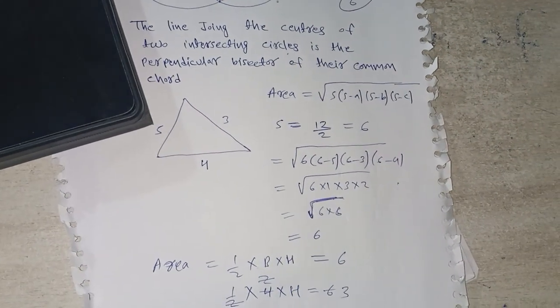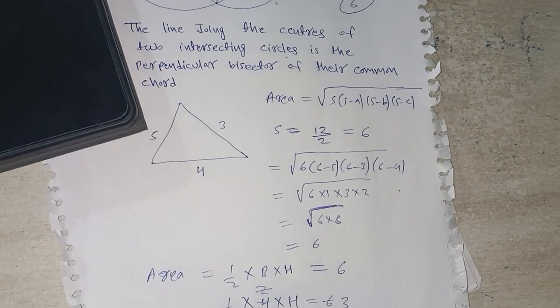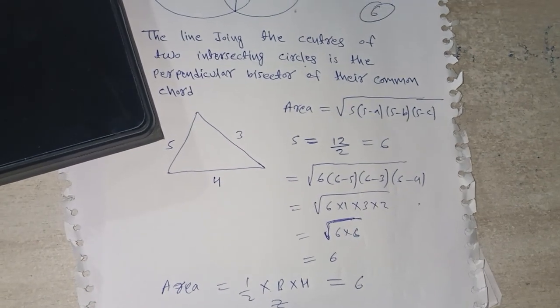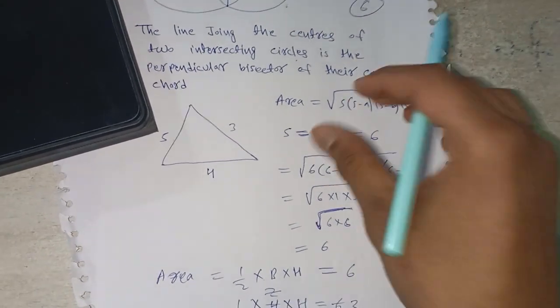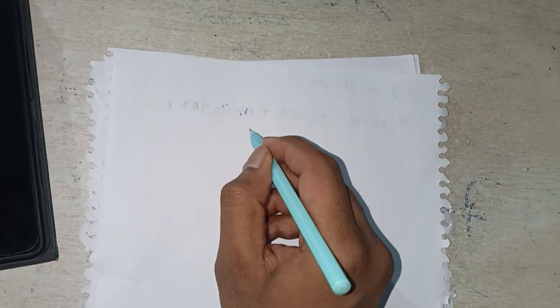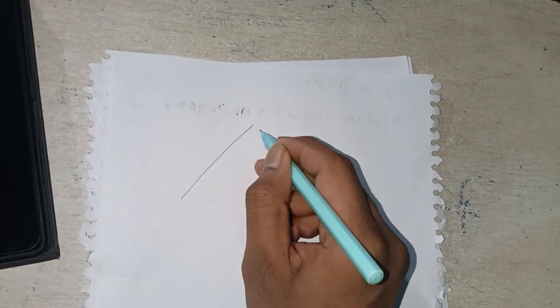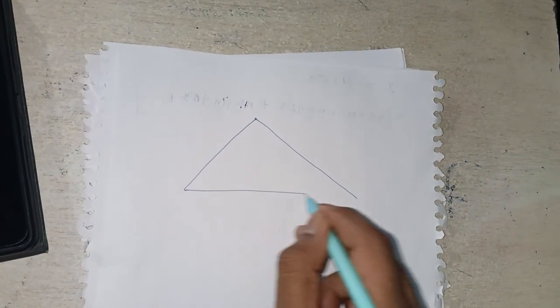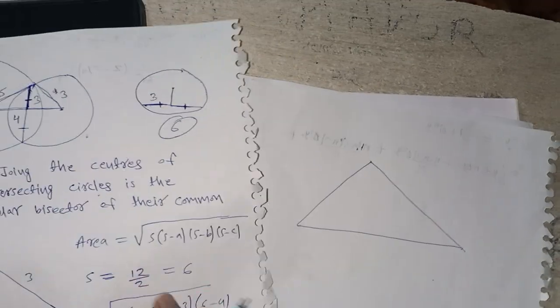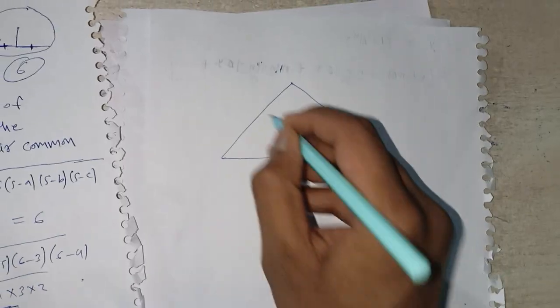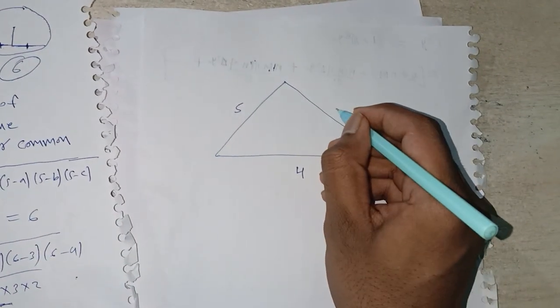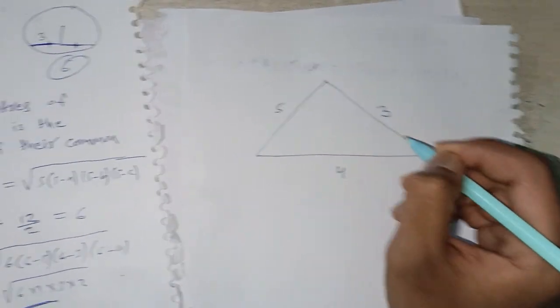If you want to solve it by another method, I have another method, if you don't want to use this Heron's formula. So we had this triangle. This is 4, this is 5, and this is 3.